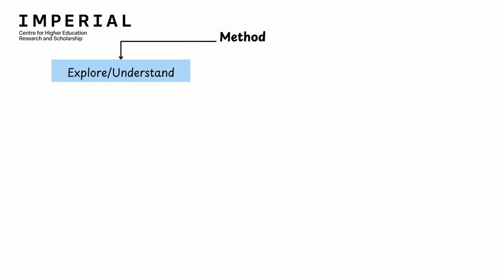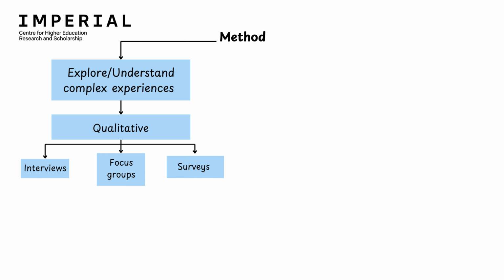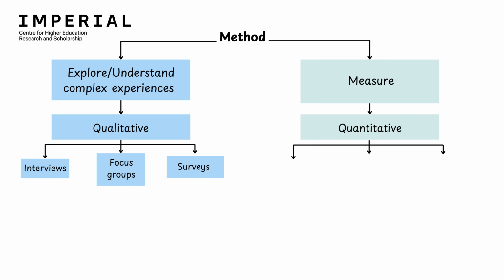If you're looking to explore or understand more complex experiences or meaning beyond the overall picture, qualitative methods are usually a good fit. Interviews, focus groups, and surveys, including open-ended questions, can help uncover complex experiences and deeper meanings. If your goal is to measure, you may find that quantitative methods are appropriate.